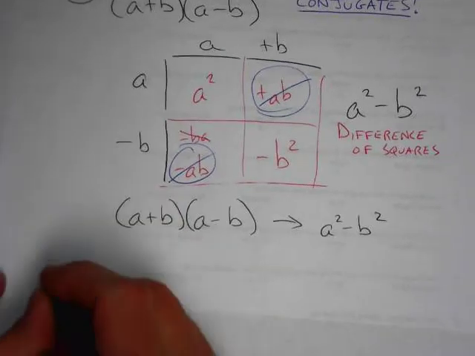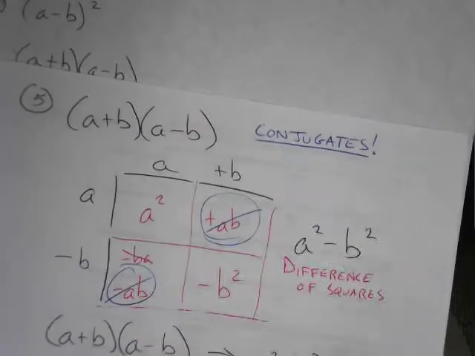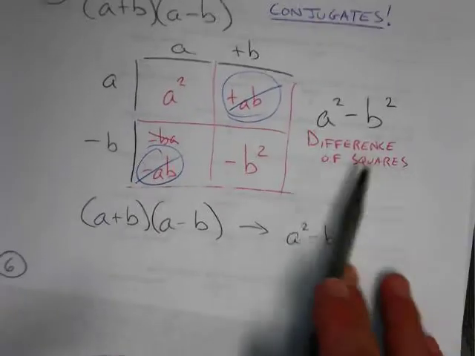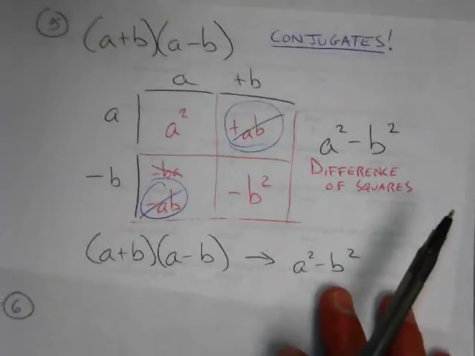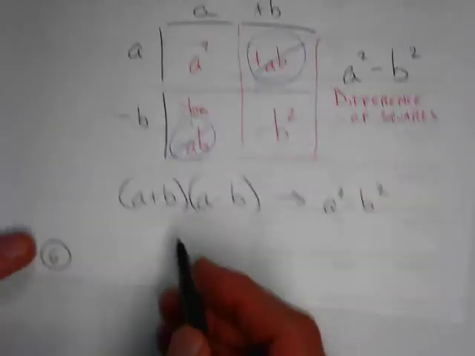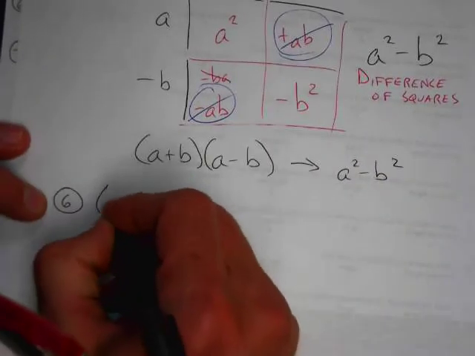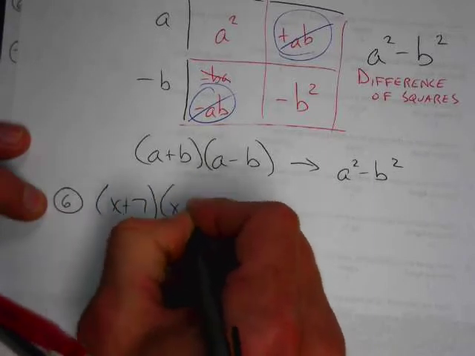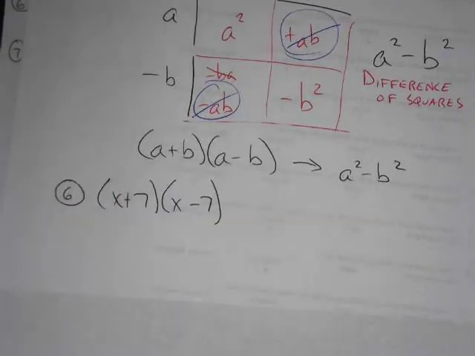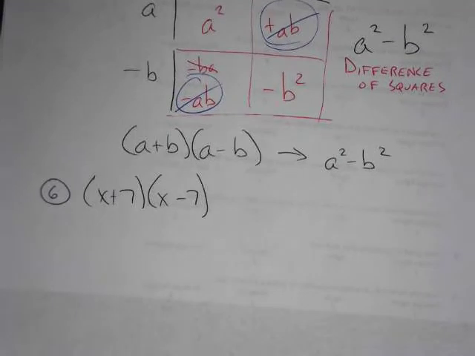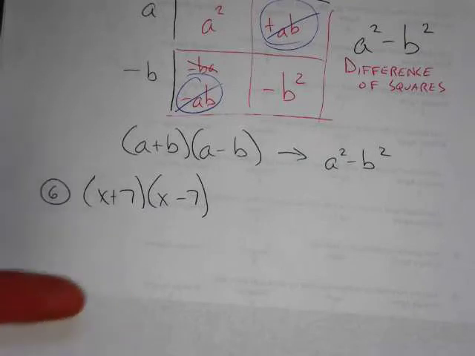Now that we have established that rule and vocabulary, that conjugates multiply into a difference of squares, we're ready to finish strong. Let's take a look at number 6. Number 6 was x plus 7 times x minus 7. In the very beginning, it's all about recognizing. Do you recognize that we are dealing with conjugates here? You have to.